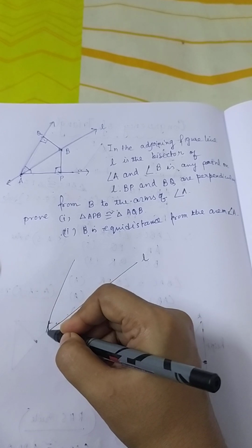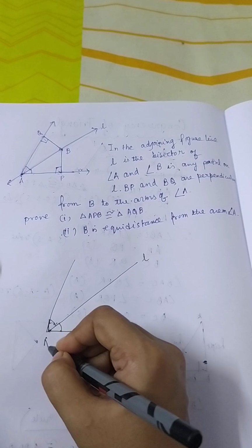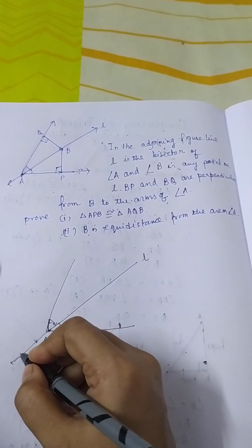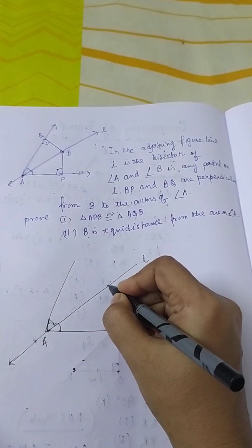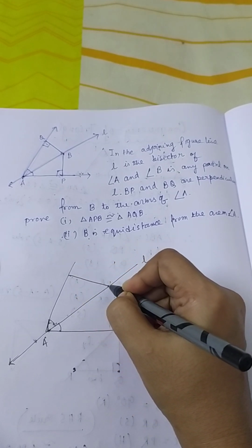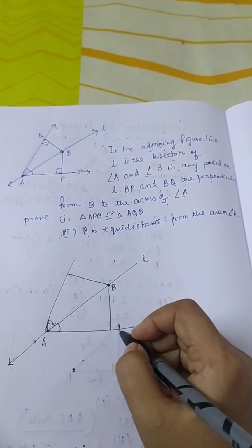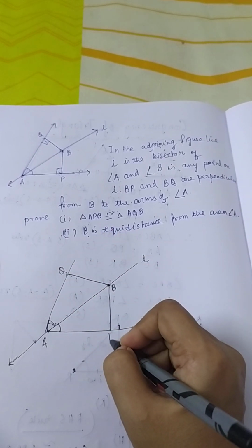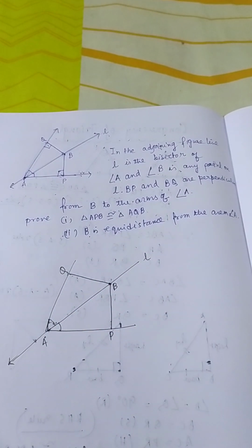This is not 90 degrees. This angle A is bisected, and I am extending that line. This line is also bisecting angle B. I am naming angle B as QBP and angle A as QAP.